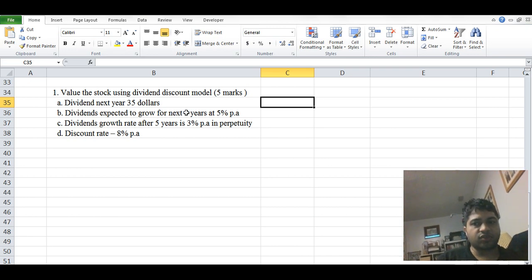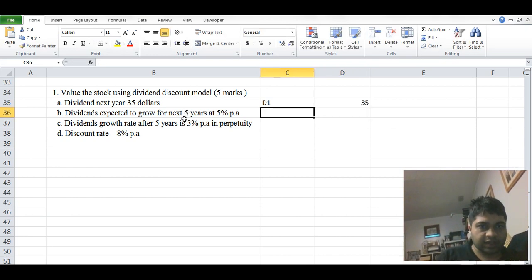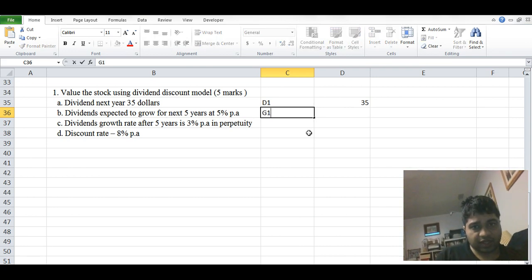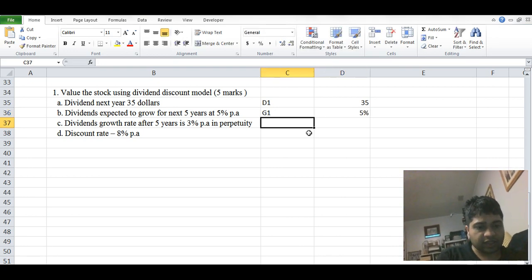Is it D0 or D1? It is D1, given as $35. Then the dividend is expected to grow for the next 5 years at 5%, so G1 is 5%. Then G2 is 3% in perpetuity. And finally the discount rate K is 8%.